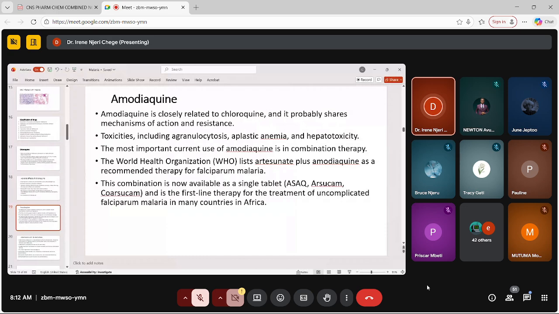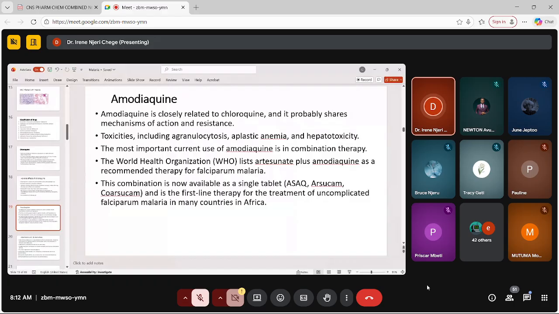So we have artemisinin and its derivatives. Artesunate is water soluble and can be administered through various routes. We have artemether, which is lipid soluble. We have another water-soluble analog, dihydroartemisinin. So list or give the derivatives of artemisinin. You should be able to list and give the difference.